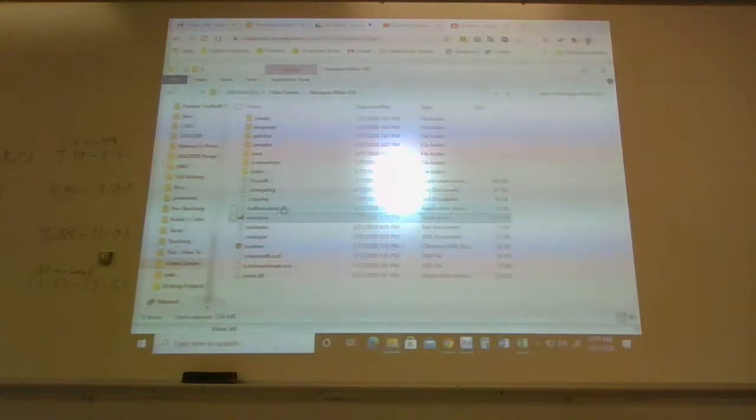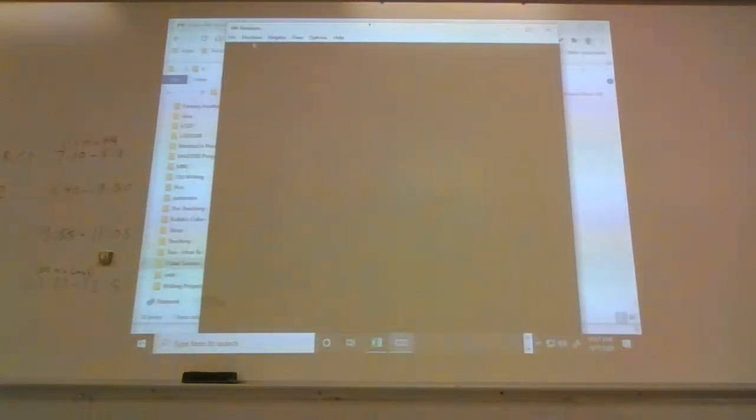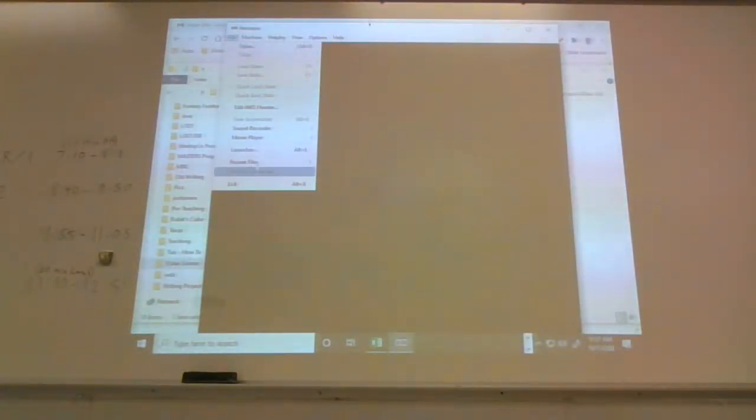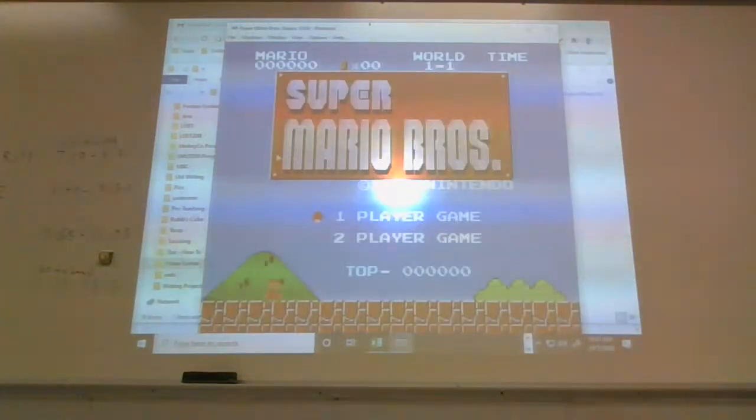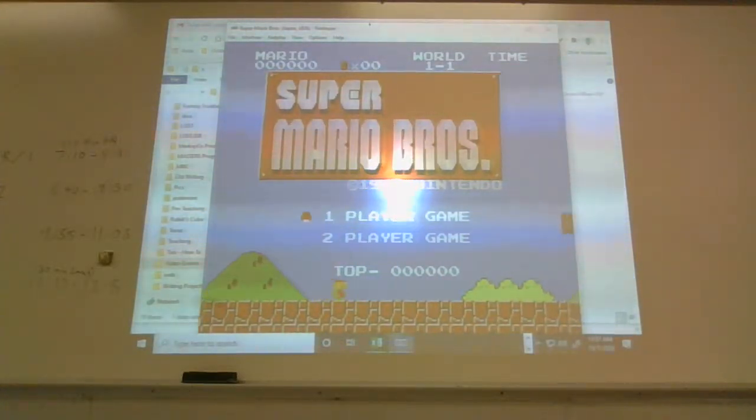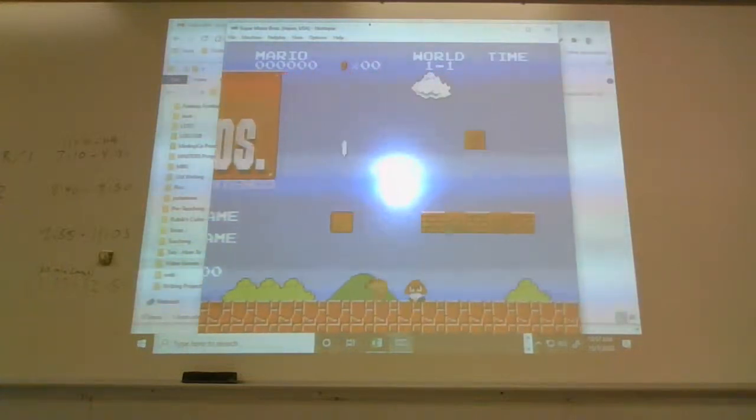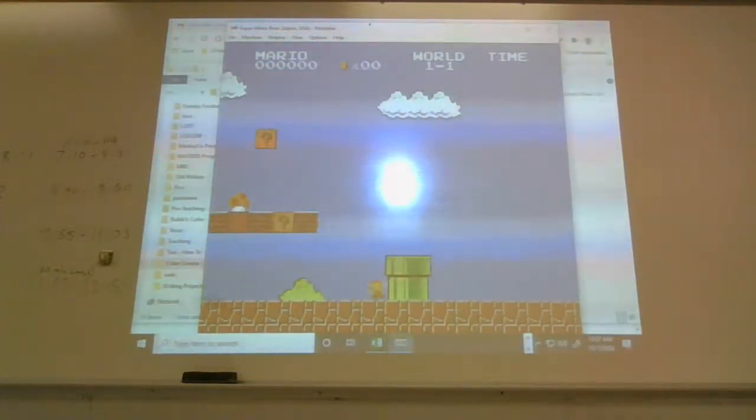There it is. I have an emulator, for example, for Super Mario Bros, where it has everything that Super Mario Bros has. Anything that was programmed into the cartridge is here. It's emulating what the cartridge would look like, and I can play the game. That's what an emulator is.